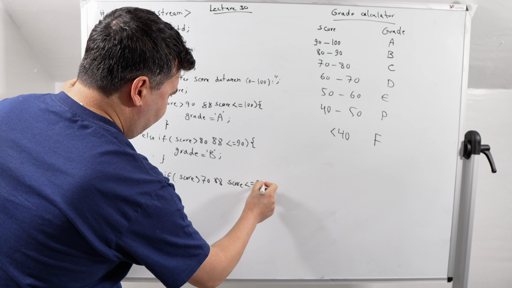Then else if score is between 50 to 60, score is bigger than 50 and score is less than or equal to 60, you open the curly braces and we close the curly braces and we say grade is equal to E.